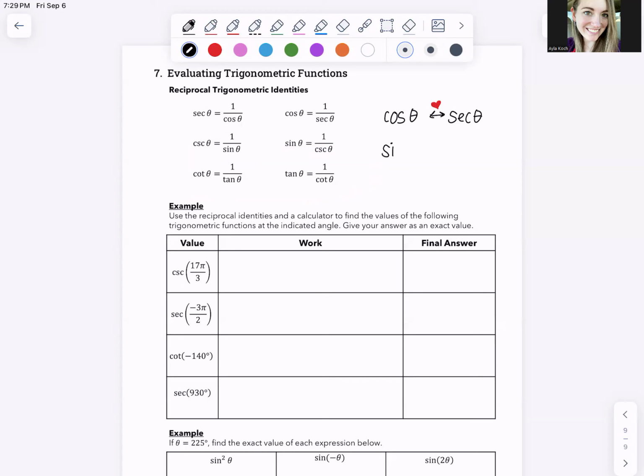All right, sine of theta. Soulmate is cosecant theta. And then tangent of theta, soulmate with cotangent of theta.